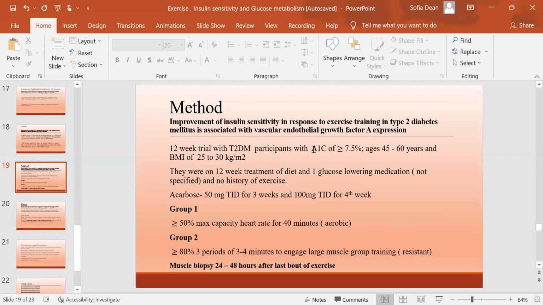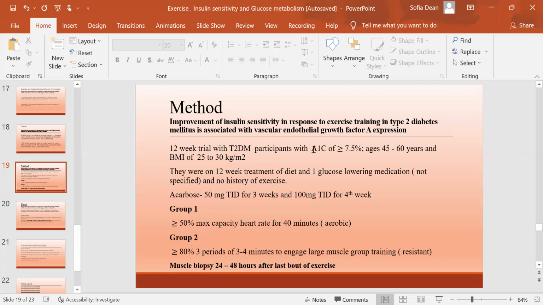Group 2 had to exercise at greater than or equal to 80% of their heart rate in 3 periods of 3 to 4 minutes to only engage large muscle training, which is resistance. So group 1 did aerobic exercises, running, cardio, cycling, and group 2 was more resistance training.